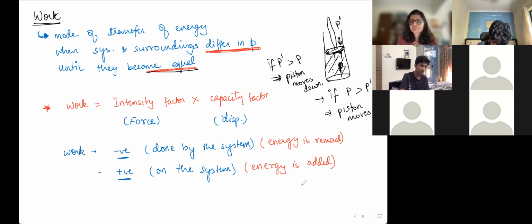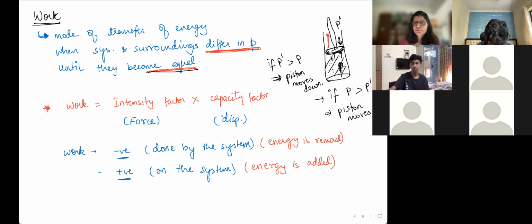Ma'am, I know what energy added does, but when does a system do work? When the energy is removed, what is an example of that, when it is negative? Let's say in the piston case, if the piston is supposed to be moved upward, the gas inside has to push it.